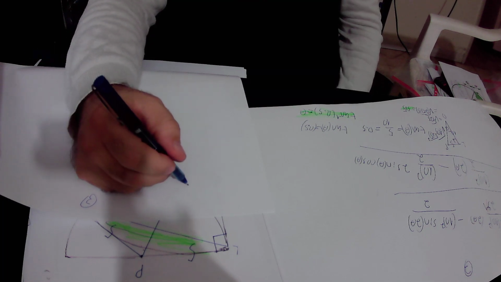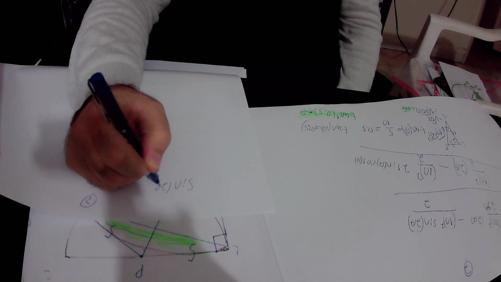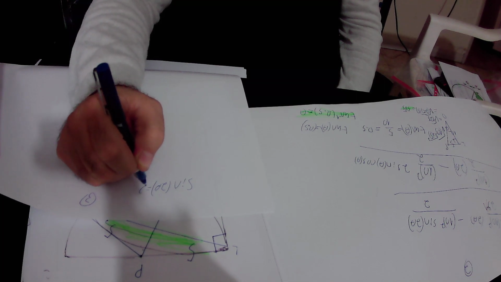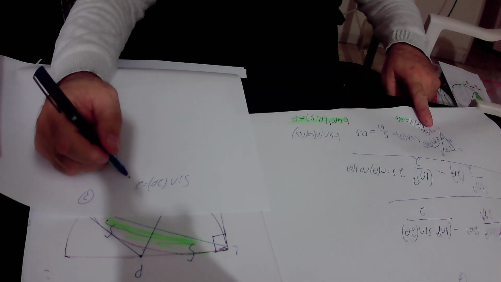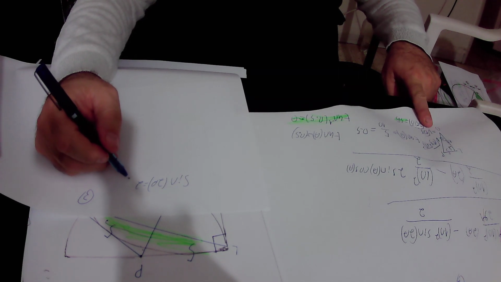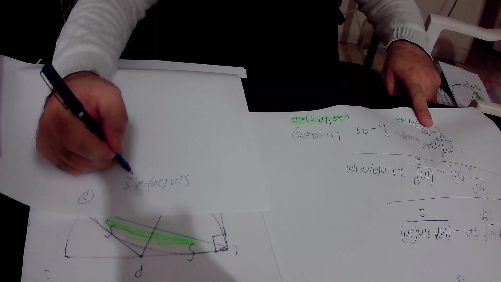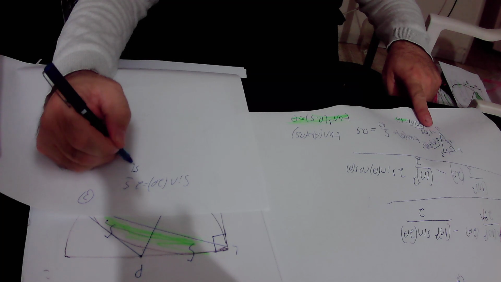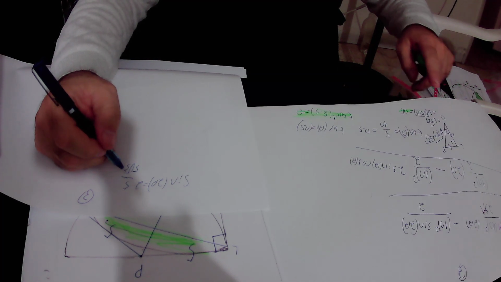So here we get that sine 2 theta equals 2 times sine theta, but according to this drawing, the value of sine theta is 5 over 5 times square root of 5, times cosine theta.